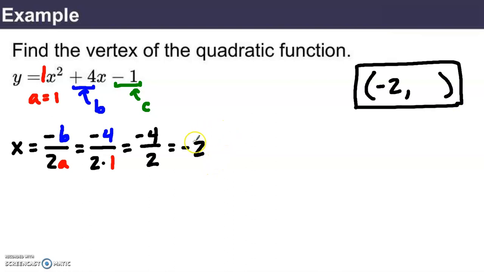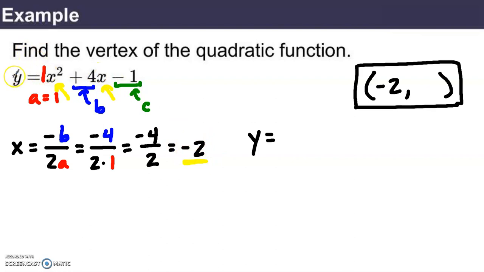What I need to do to find the y-coordinate now is to take this value and replace both the x's with negative 2. I want to be really careful doing this, making sure I get all the signs and all the exponents correctly applied. So I'm going to write the original equation just the way it looks, and all I'm going to replace is the x's with negative 2's.